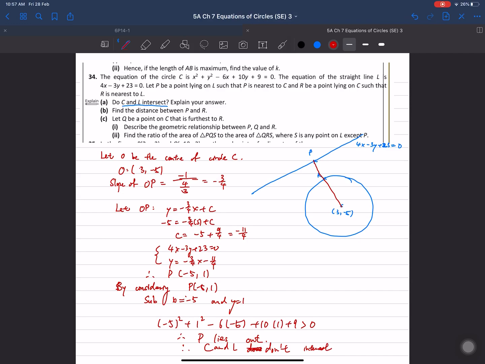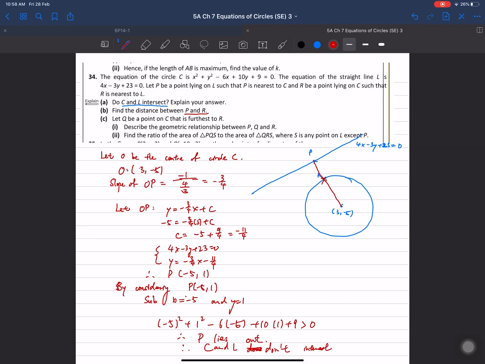How to find the coordinates of R? One of the methods: because you only need to find the distance between P and R, you do not need to find the coordinates of R. You can find the distance PO, then subtract the radius.